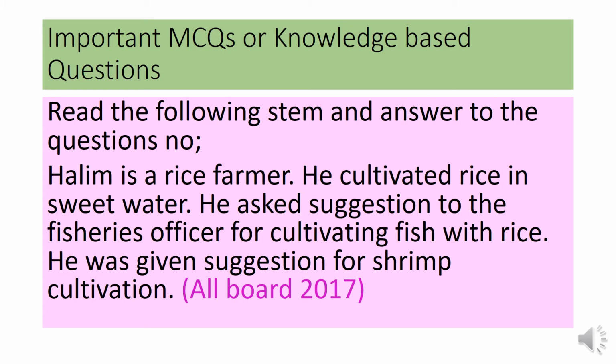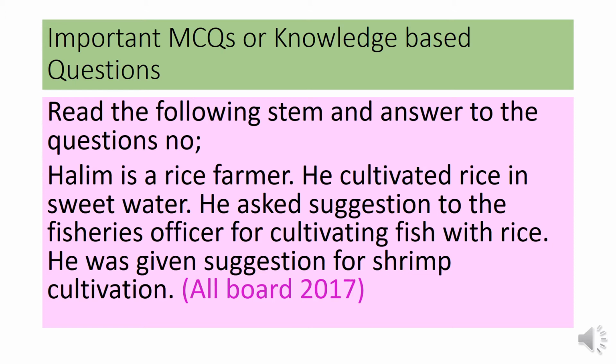Here you can see a STEM, and this STEM-based MCQ came in 2017 on all boards. This STEM is similar to the previous STEM. The STEM is: Halim is a rice farmer. He cultivated rice in sweet water. He asked the fisheries officer for a suggestion for cultivating fish with rice.